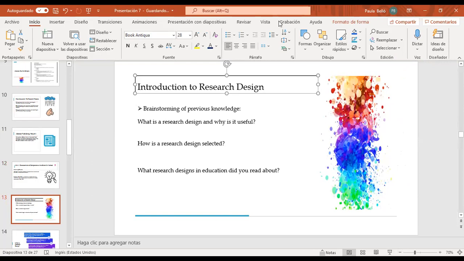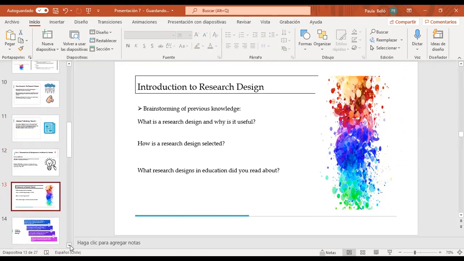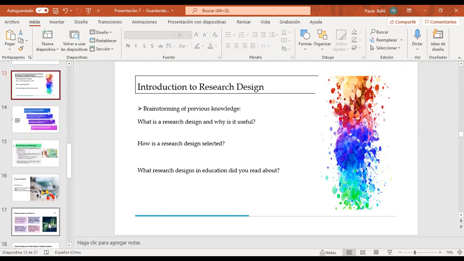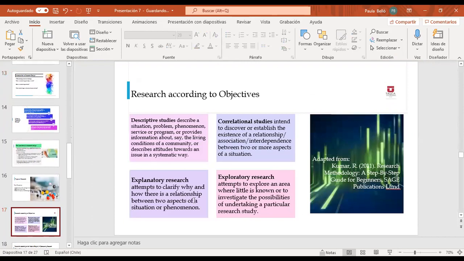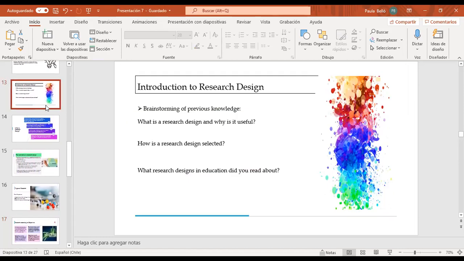We also had a brief explanation of Kumar, yes, different research types, designs according to objectives. So this is not new for you. Research design is an important step in methodology, in research, because of what I was saying before. We need a plan, we need organization. And that is why we have a design.